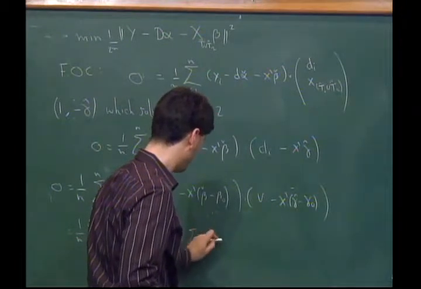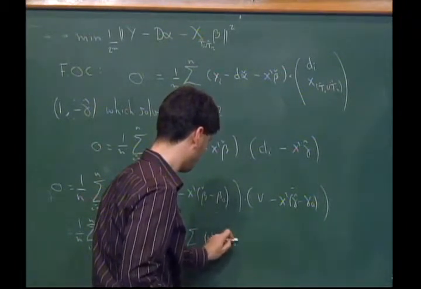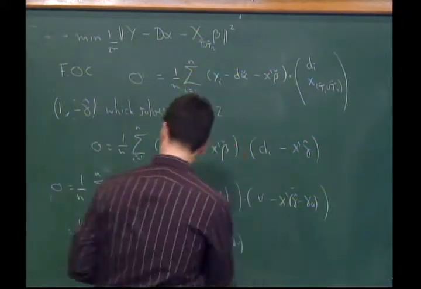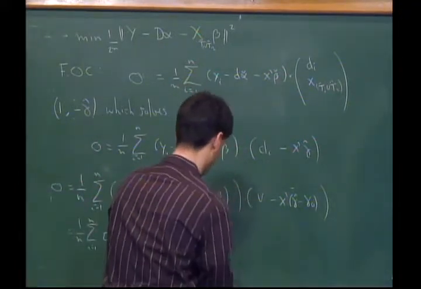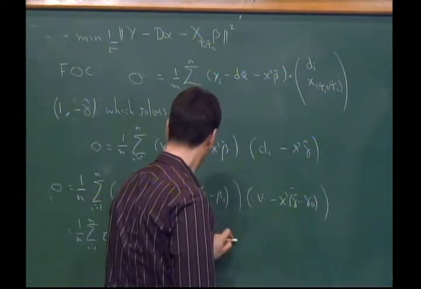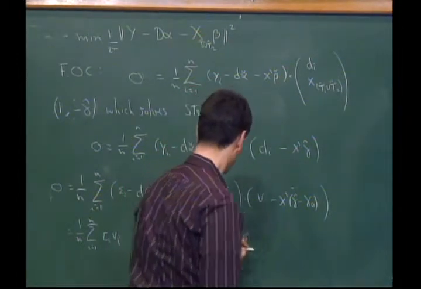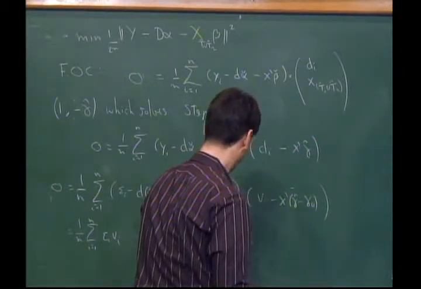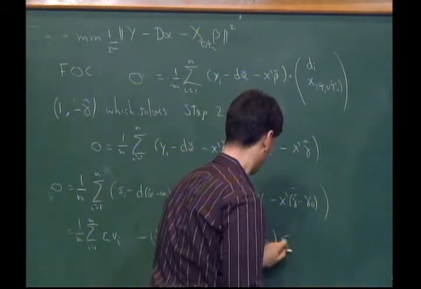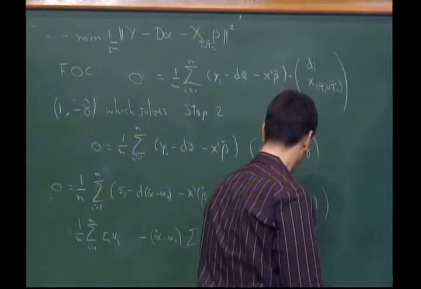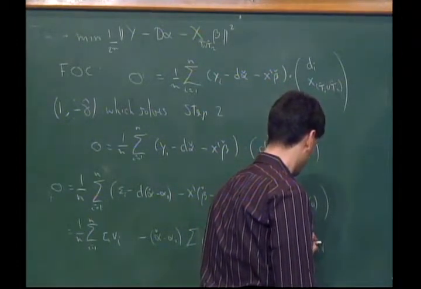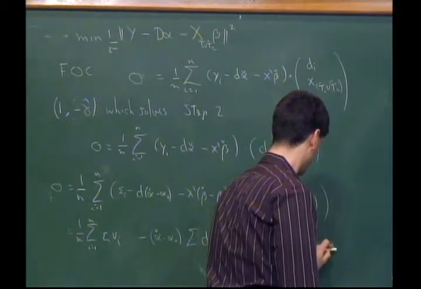D is v plus x gamma naught. Let me do this. D v plus alpha check minus alpha naught summation of d x times gamma hat minus gamma naught.